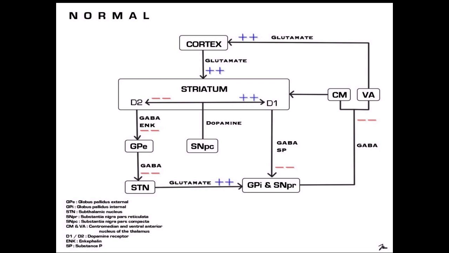And anytime we have GABA, I put 2 negative marks. The importance of this, and it really does work very well, is that when we have lesions of the basal ganglia, and you map this out, the rule of thumb is if the lesion results in less glutamate going back to the motor cortex, then the patient slows down and they look like they have Parkinson's disease.